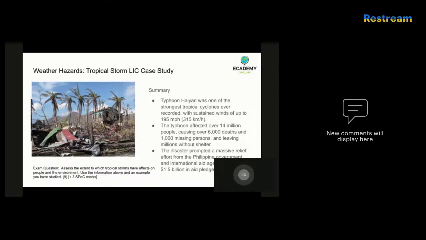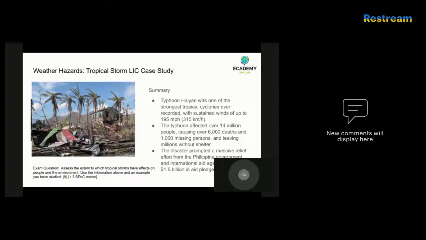The international community pledged over $1.5 billion in aid, reflecting the great scale of the disaster and the urgent need of support.